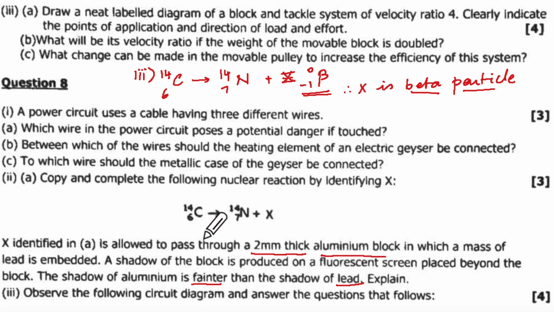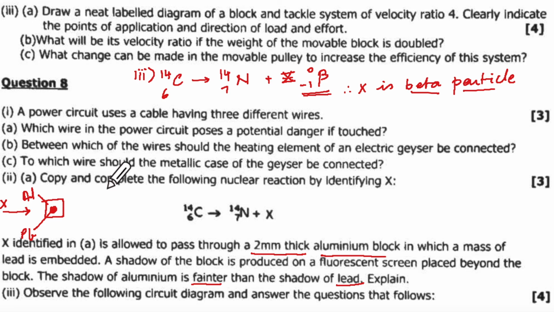Now here, in order to get a clearer picture, some of you will have a little problem. So this is your aluminium and this is the lead, and the radioactive source. So the X, that means beta radiations, are allowed to go here.